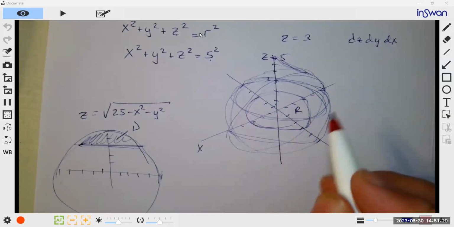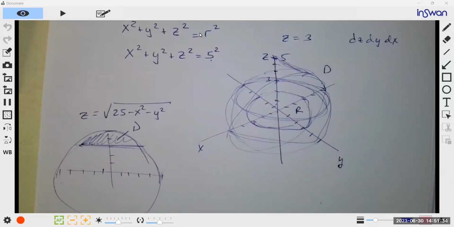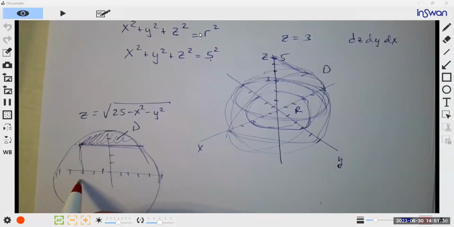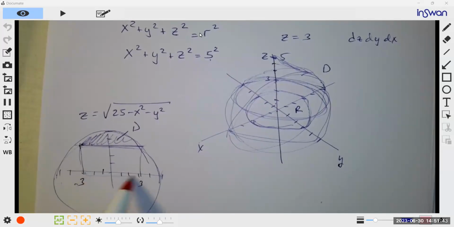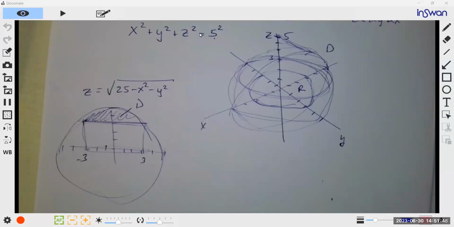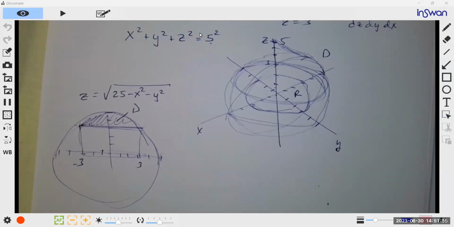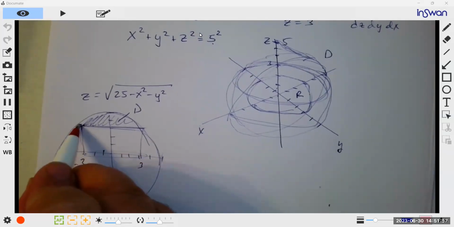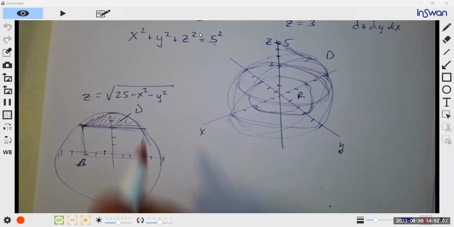So this is R. This big old thing up here is D. So our shadow will be in here. Well, no, this is not 3 here. We don't know what this is yet, but we can figure it out.